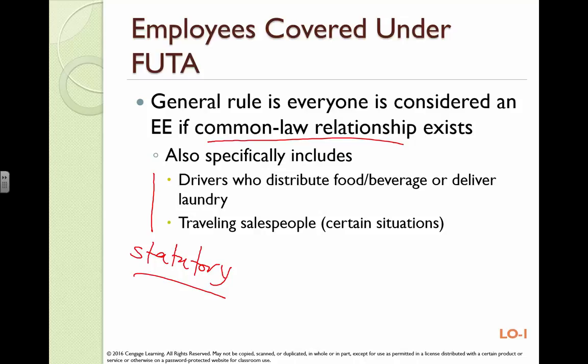So there's specific laws that say traveling salespeople are employees and covered by FUTA. Drivers who deliver laundry or food and beverage distributors are by nature employees, and you can't muck around with that. Even if it looks like an independent contractor situation, you have to treat them as an employee. So that's a statutory employee.